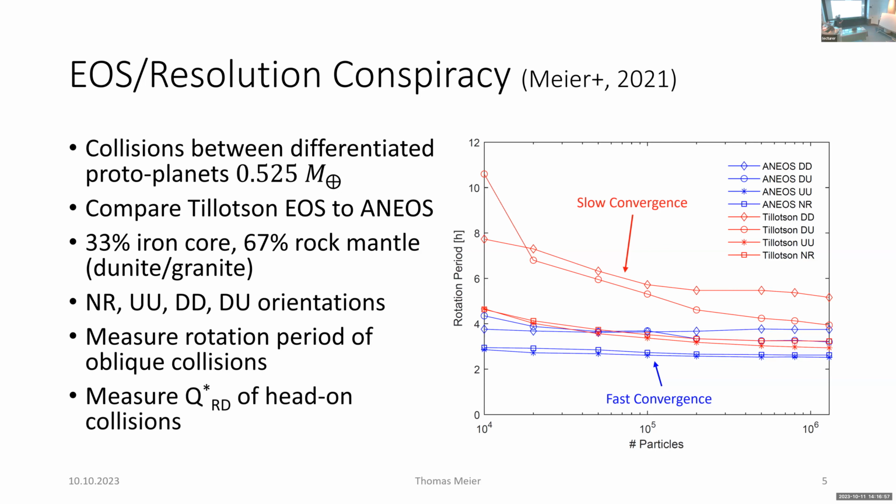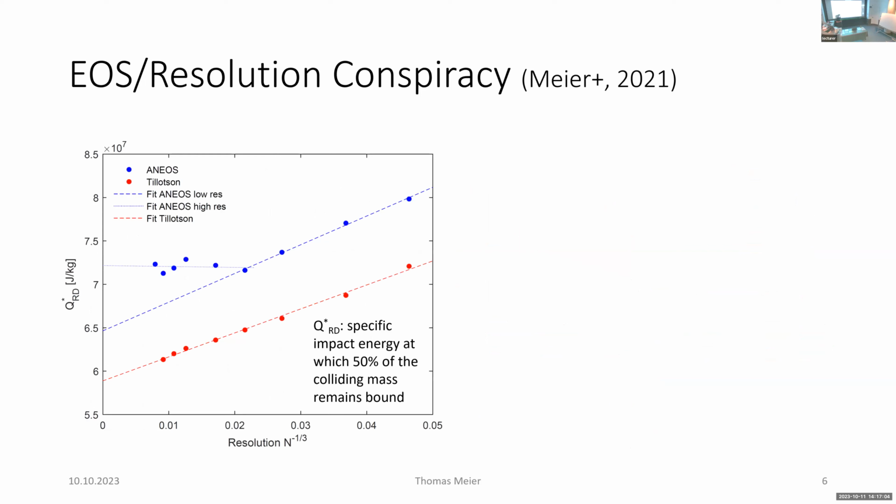And then we also measured Q*RD in head-on collisions, which I explain now. Q*RD is the specific energy that you need to unbind 50% of the total mass in your collision. At that point you destroy half of your system. What we have seen here is that, as found in the literature with Tillotson, the value just keeps going down with resolution.